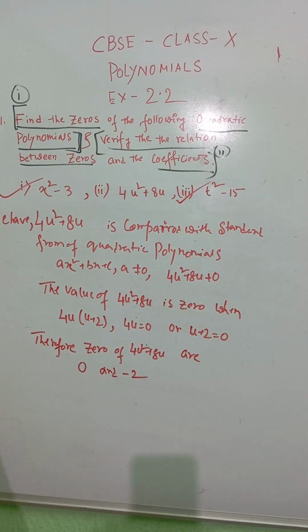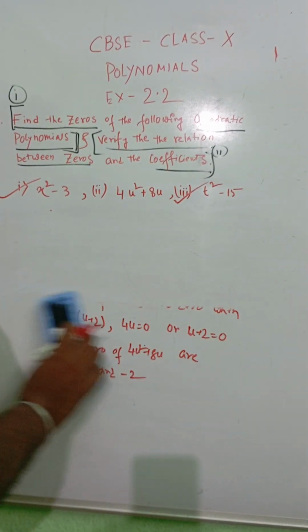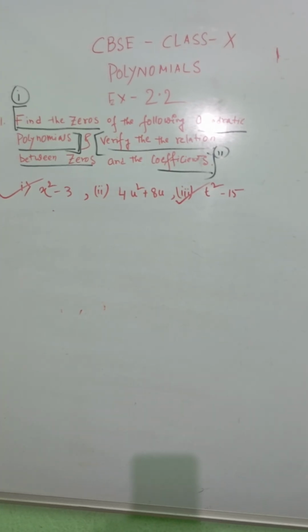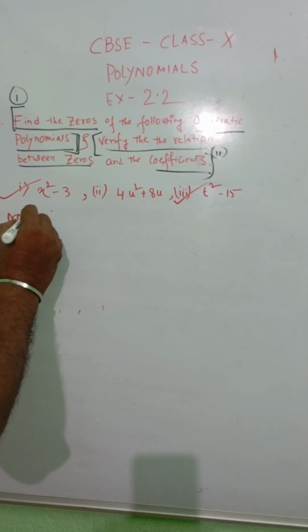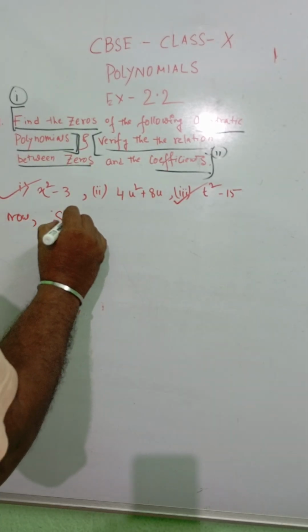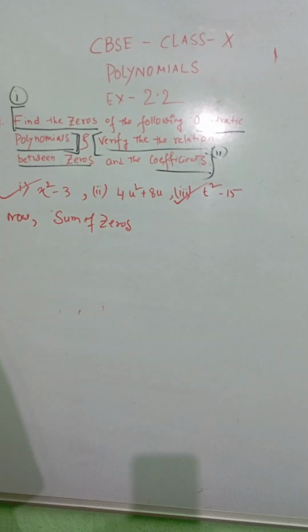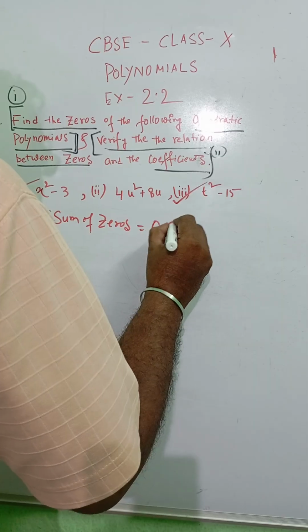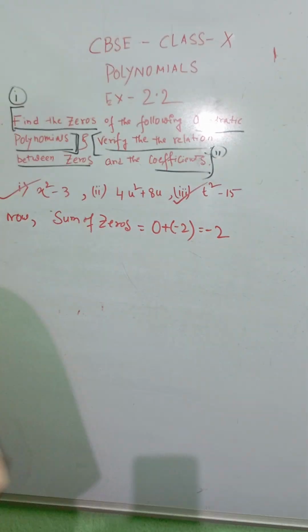Now the second part. Now, sum of zeros is equal to 0 plus minus 2, that is minus 2.